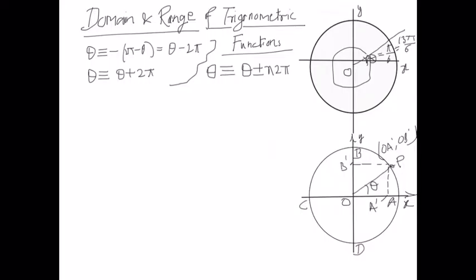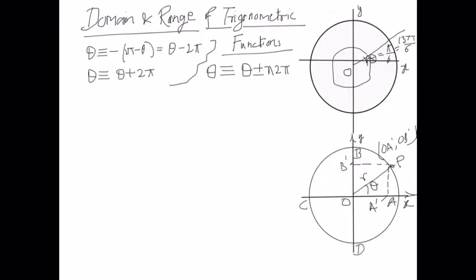Now, what's OA prime? If we assume that the radius of this circle is r, then OP is equal to r, and therefore we can see from this right triangle OA prime P that OA prime is nothing but r cos theta, because cos theta is equal to OA prime divided by r.